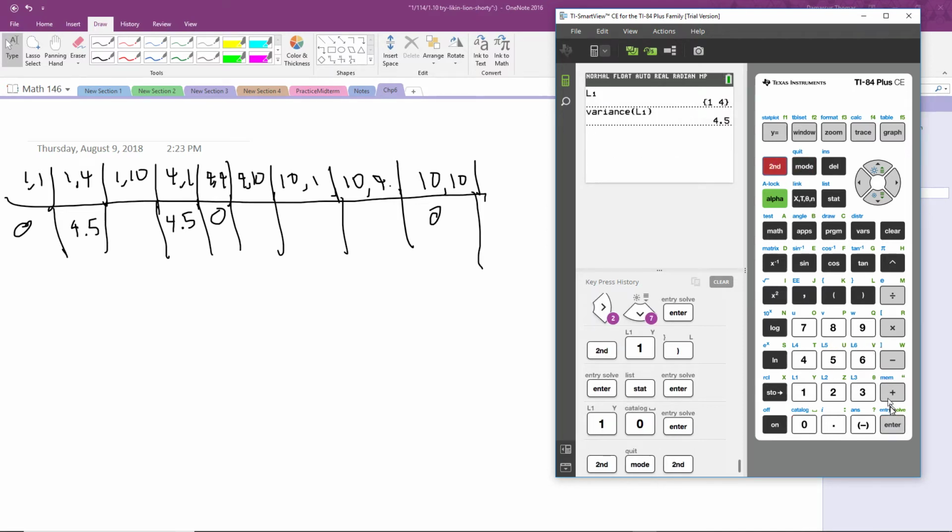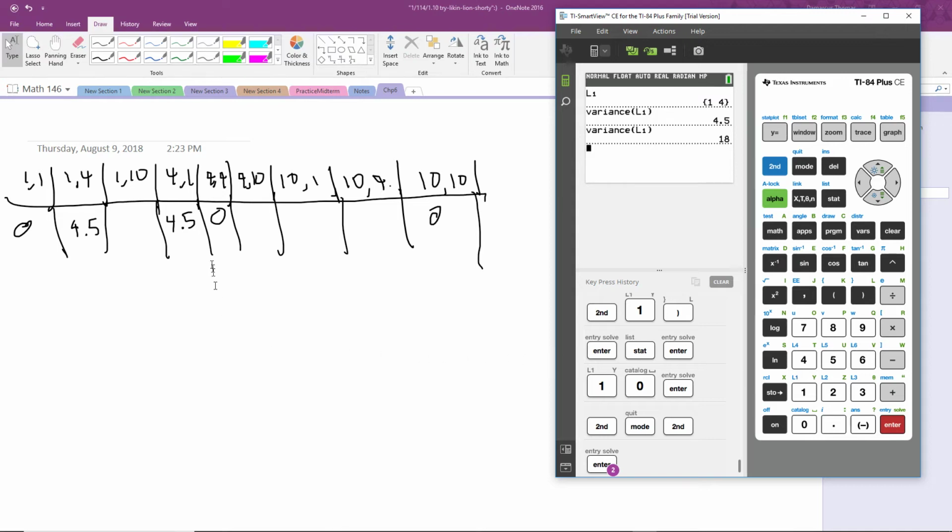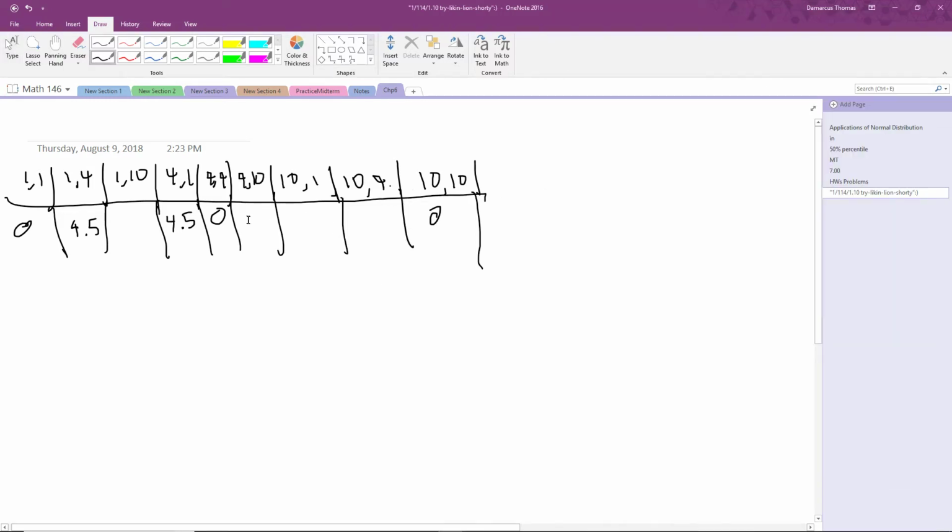And I'm just going to do a second entry. I just forgot my list. What was the list I did? 10, 4. So 10, 4 turned out to be 18. And this one's also 18 then.